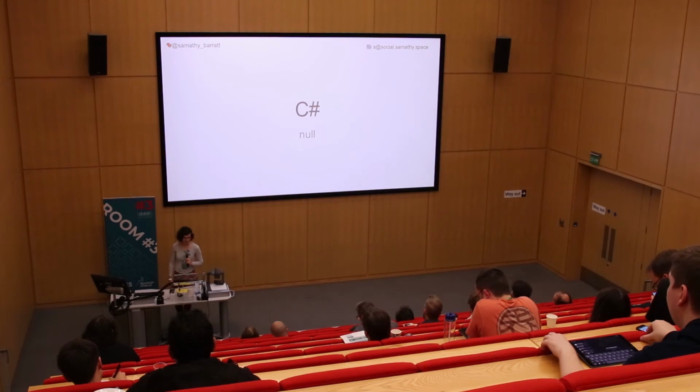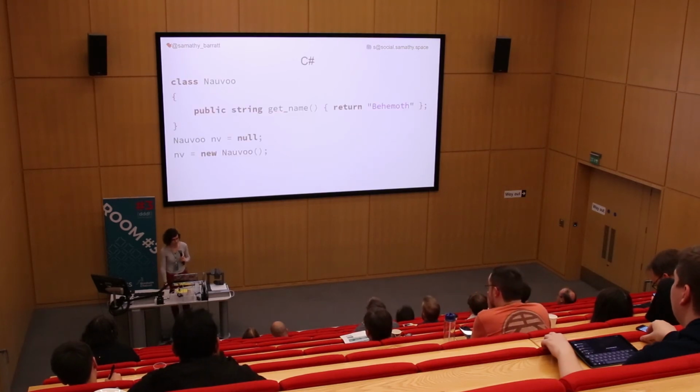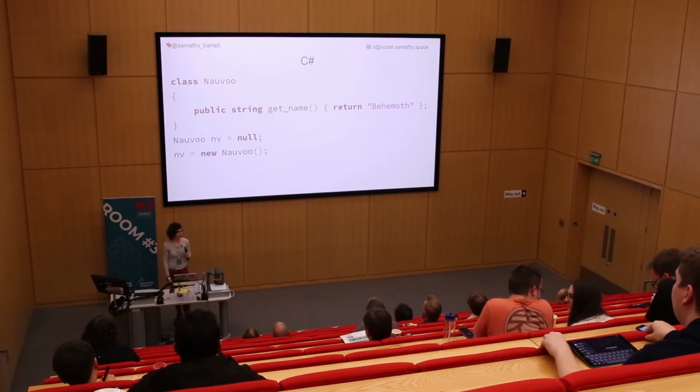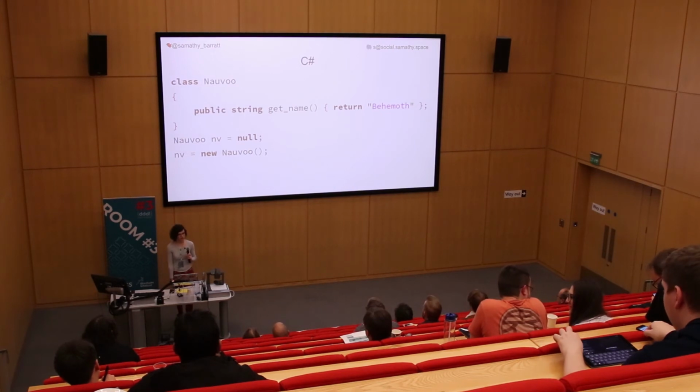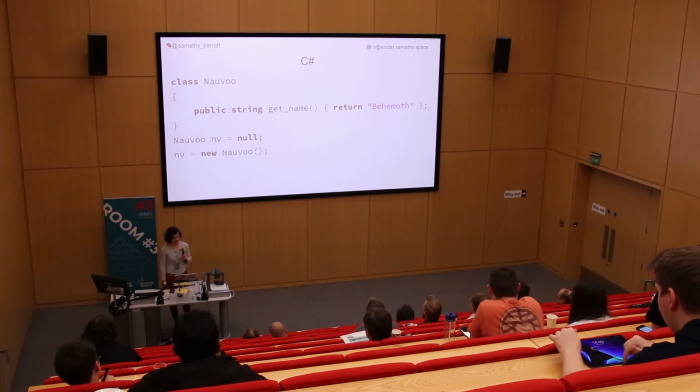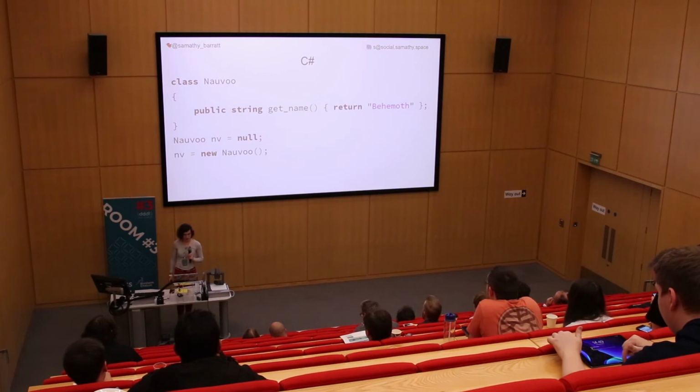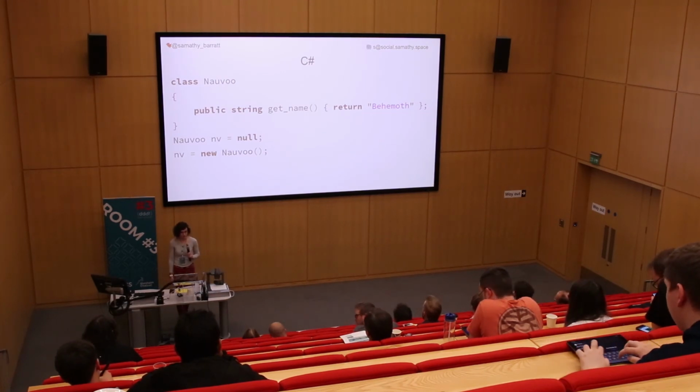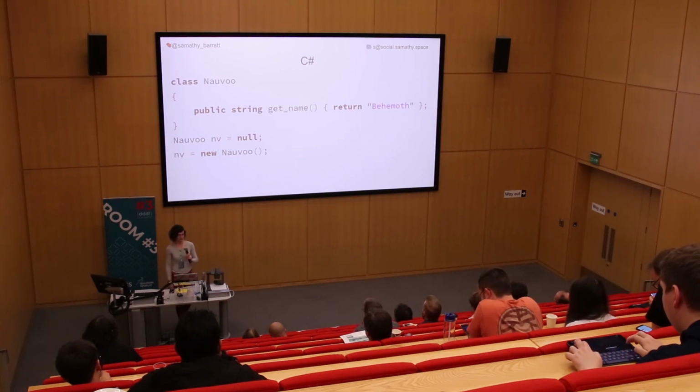C#. C# is the first language we're going to talk about with literals. It has a null literal. The null literal represents a reference type variable which currently doesn't hold a reference. So it's consistent with our object-oriented languages, except null here is not an object, but it is the null reference.